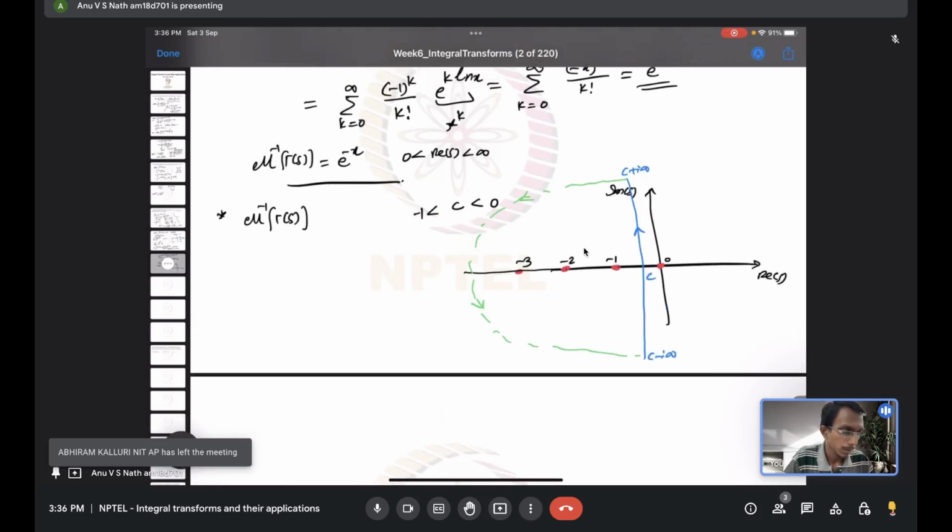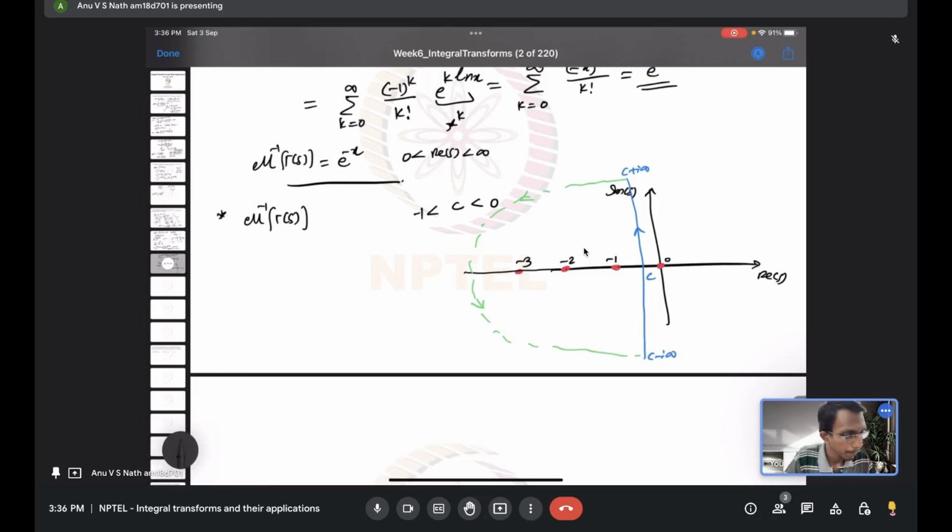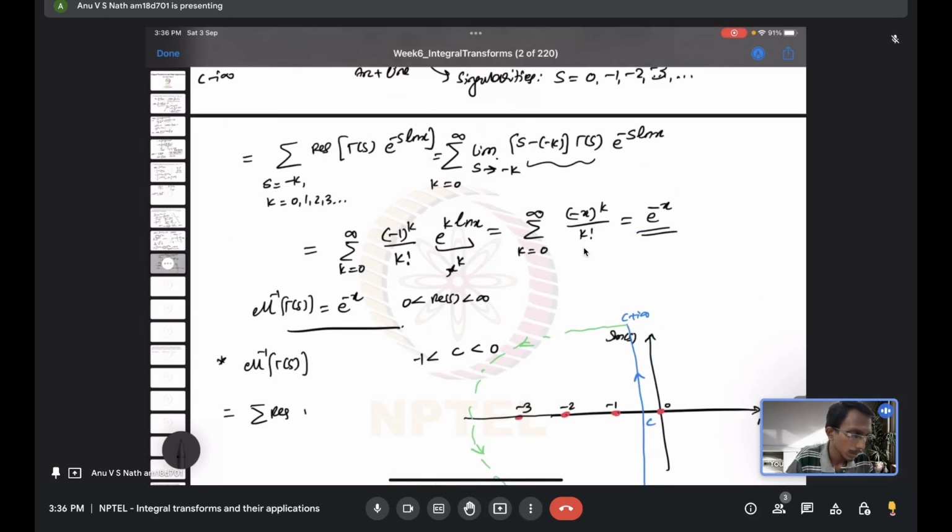In this procedure, I have said that c is now lying between 0 and minus 1, so that this integral basically becomes the summation of residues of the same function that we had earlier, which is gamma of s times exponential of minus s ln x.